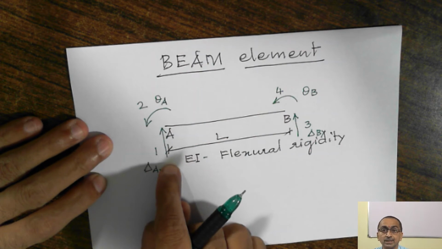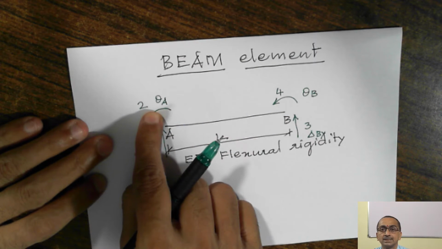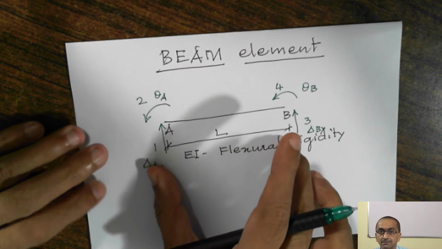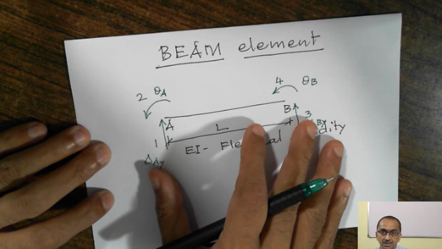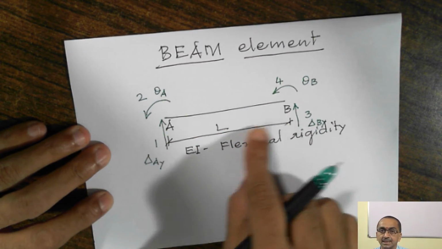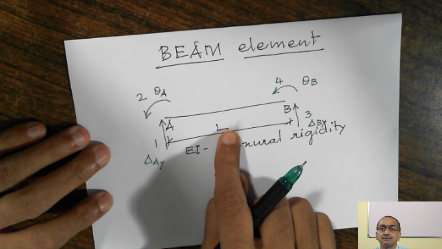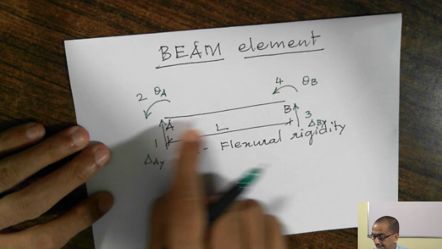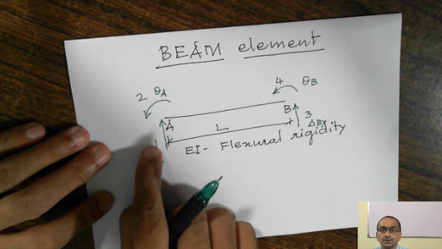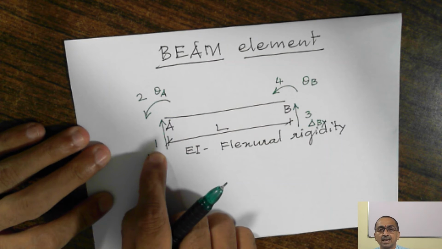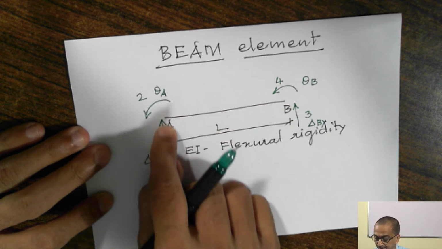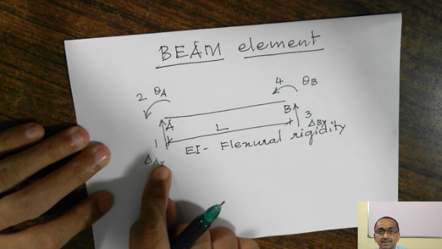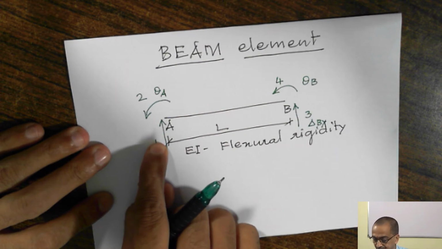Can we change it to downwards? No. Can we make it clockwise? No. So this beam element has to be remembered as it is. The beam element is any element of length L, having 4 degrees of kinematic indeterminacy, 2 at joint A and 2 at joint B. At joint A, the first degree is deflection in the vertical direction upwards, delta AY, numbered 1.